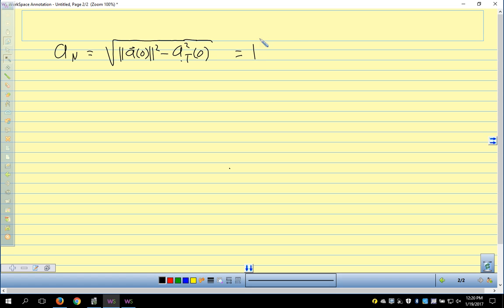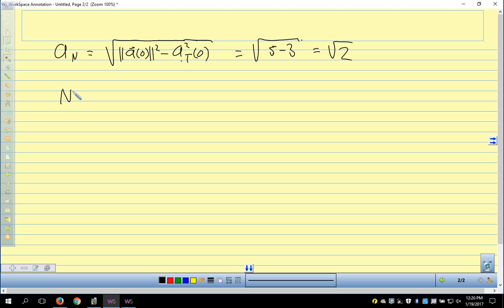And for that we get the square root of 5 minus 3. So we get the square root of 2. Cross product with these vectors, a little more work, but we would get the same result.